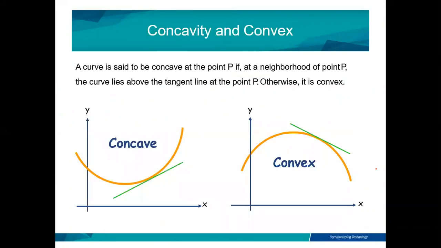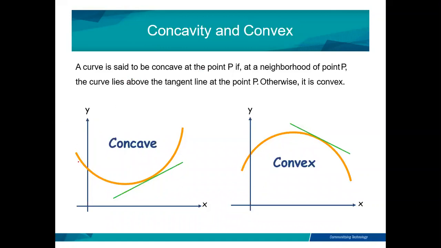Sorry, before that. In the previous slide, I mentioned concavity and convex. So what is that? A curve is said to be concave at point P if, in the neighborhood of point P, the curve lies above the tangent line at point P. Otherwise it is convex.